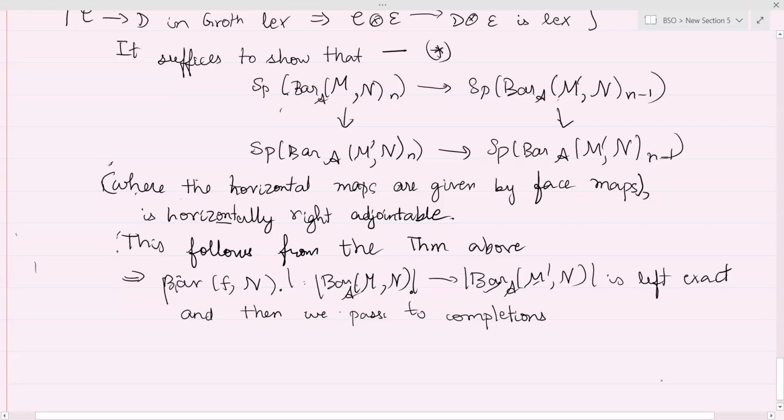Right, I'm a little unsure about this last sentence, so I can't think about it right now. I think we proved a couple of weeks ago that if I have a left exact morphism and then take the completion, I'm still left exact. Oh, okay, great. Thanks.